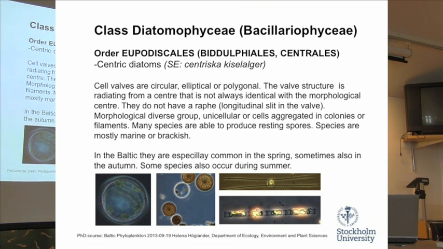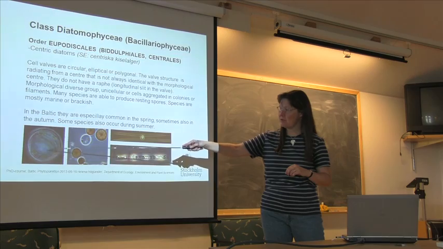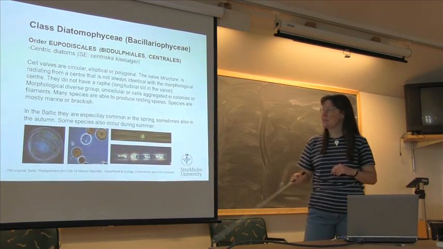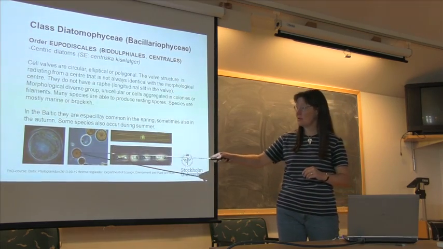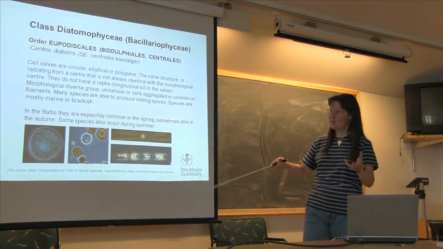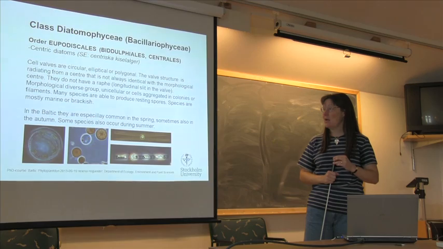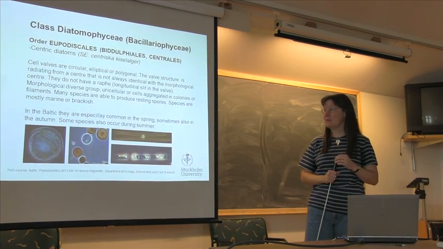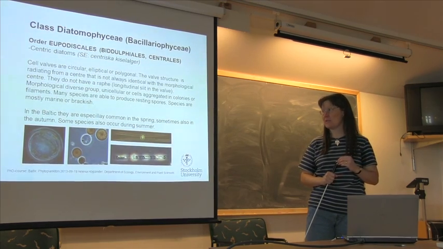There can be lines of small pores radiating out like this, and they can be unicellular, or form colonies, also in filaments, or together with gelatinous threads. The centric species are mainly marine or brackish species.